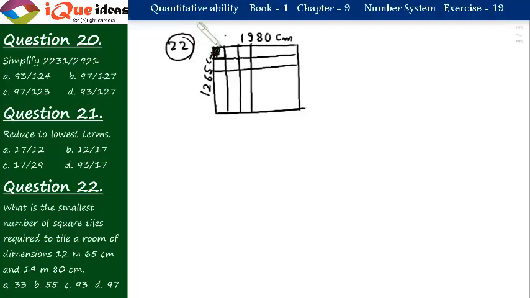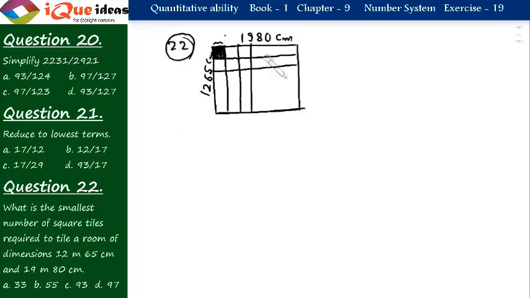The length of this tile should be a factor of 1980. Similarly, the width of this tile should be a factor of 1265. Hence, it should be a common factor. Why? Because it is a square tile, so both the sides should be of the same length.